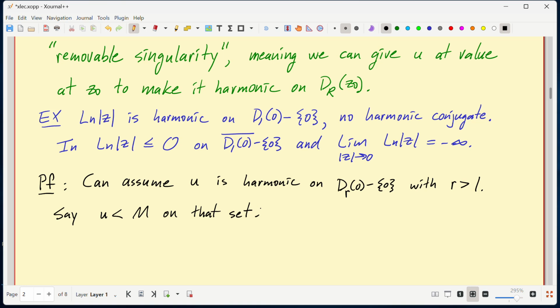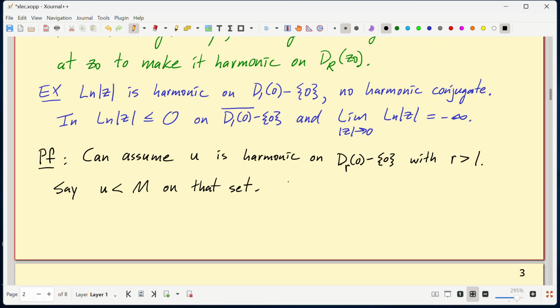Okay. Now I'm going to let u be the Poisson integral of the boundary values of that. I've got to let it be a u twiddle.